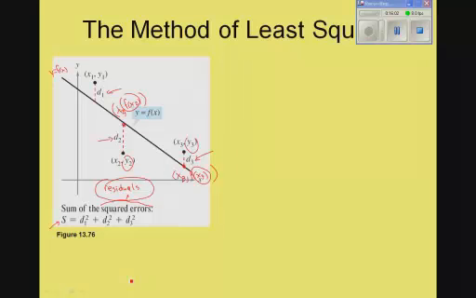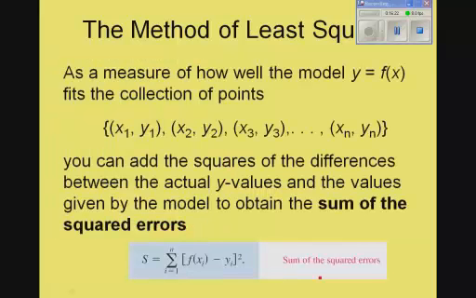So what are we trying to do here? The goal is to minimize S, where S is the sum of the squared errors from i equals 1 to n if you have n data points.